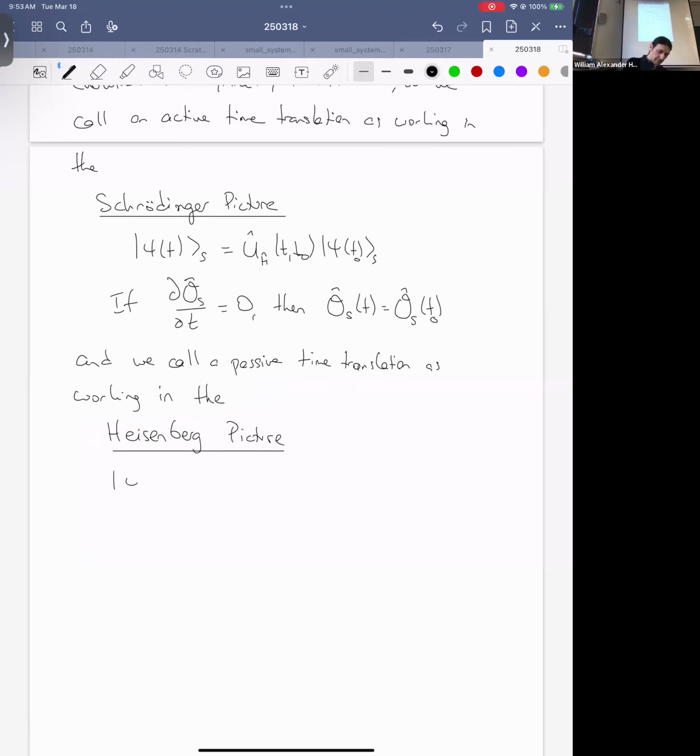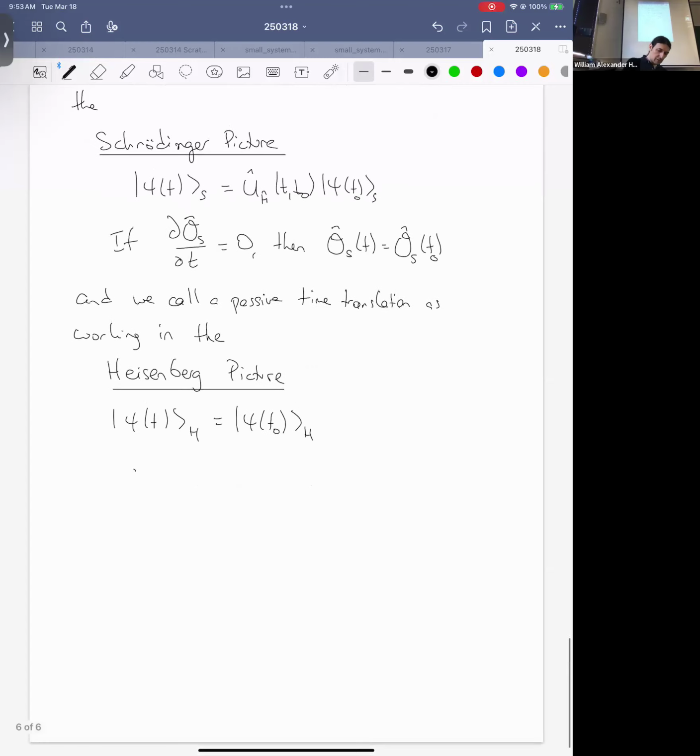So here we have that our state psi as a function of time in the Heisenberg picture is equal to the initial state in the Heisenberg picture, while our operator in the Heisenberg picture at time t is related to our operator at the initial time in the Heisenberg picture by the similarity transform.